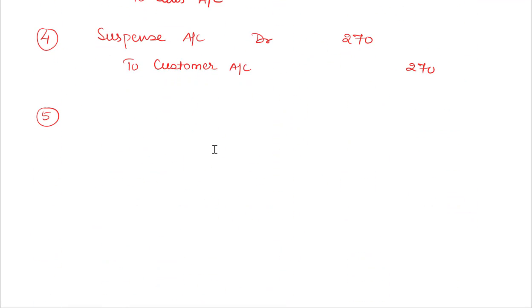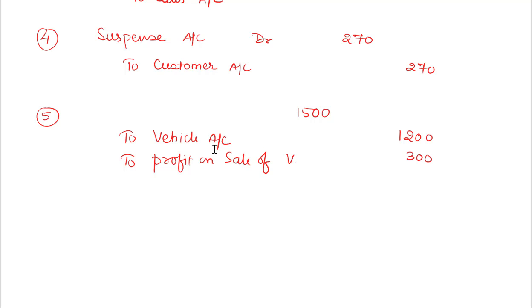Bank account is already debited, so we will not debit it. To vehicle account. What is the book value of the vehicle? WDV 1200. 300 is the profit because we had transferred it at 1500. So 300 we will write profit on sale of vehicle. And on the debit side we will write suspense account. Suspense account debit.